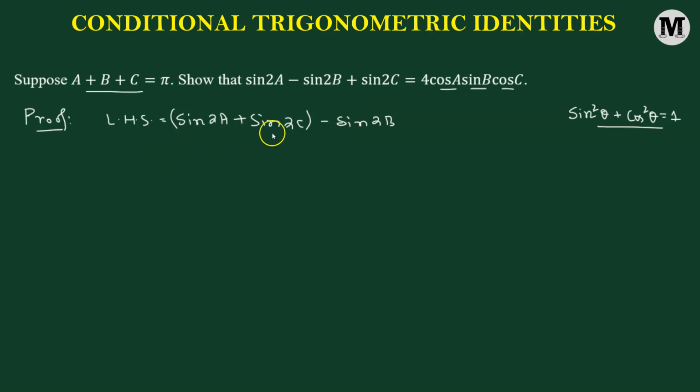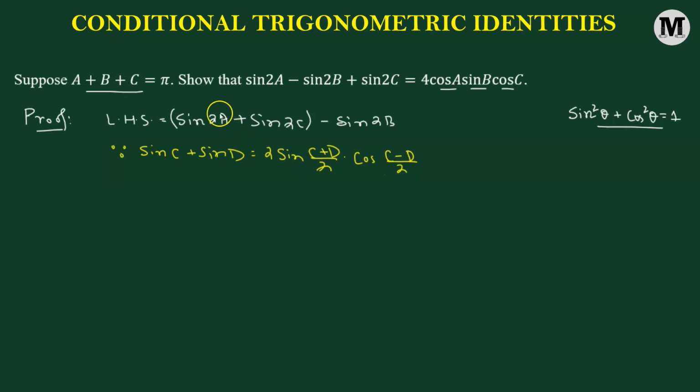Now for sine 2A added to sine 2C, we're going to use the fact that if we have sine of angle C added to sine of angle D, then this is simply 2 times sine of (C plus D) over 2 multiplied by cosine of (C minus D) over 2.